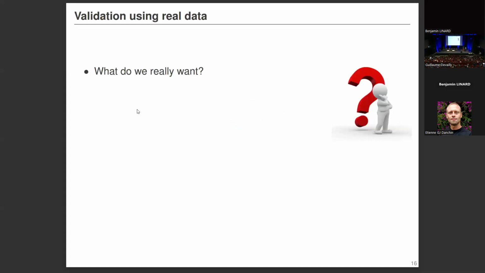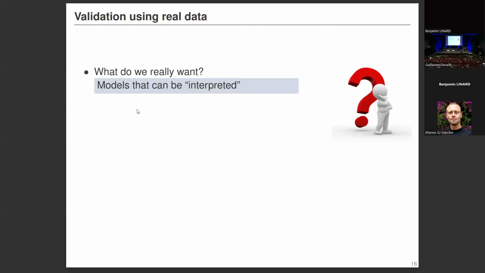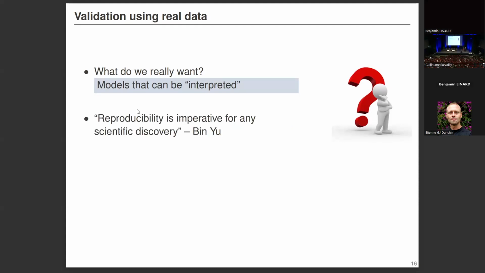In order to do this, it's, again, taking a step back and thinking, what do we really want from our 3D models? And what we want is typically models that can be interpreted in some fashion. And in order for any form of interpretation, there is something that needs to happen. I'm quoting Yu, who is a statistician. She said that for any scientific discovery, if you want anything that you can interpret, what you need is reproducibility.